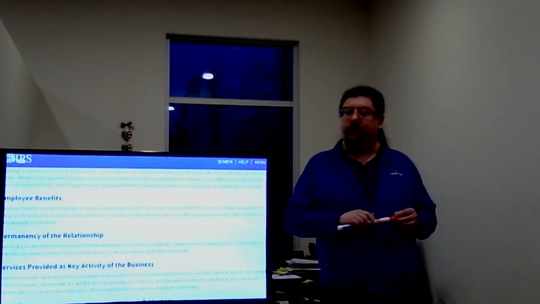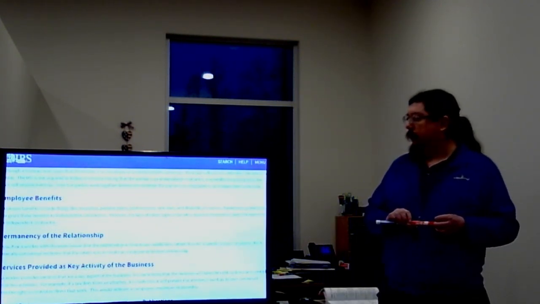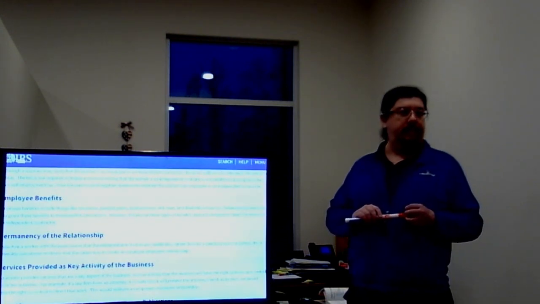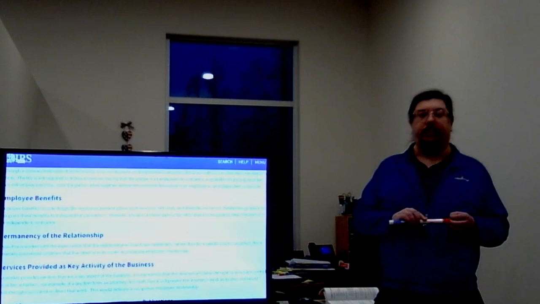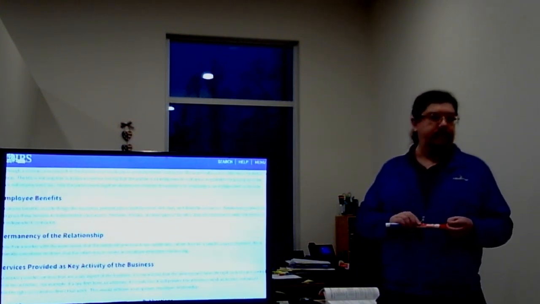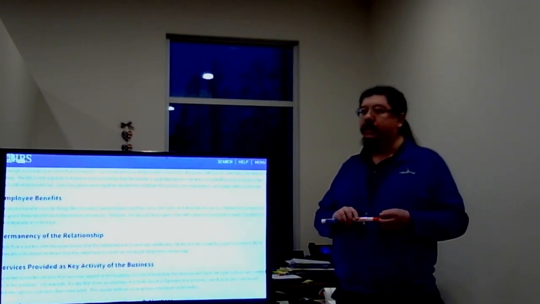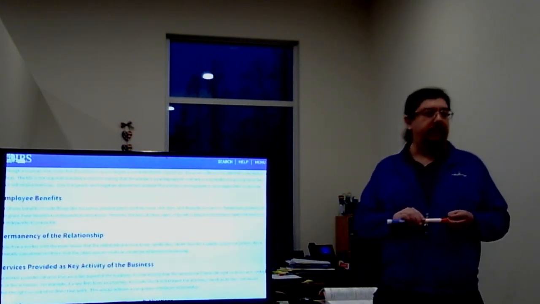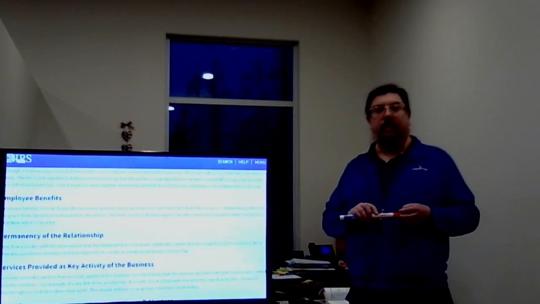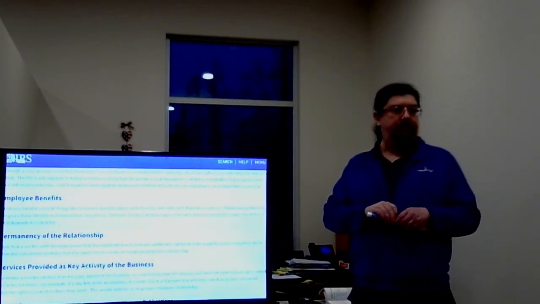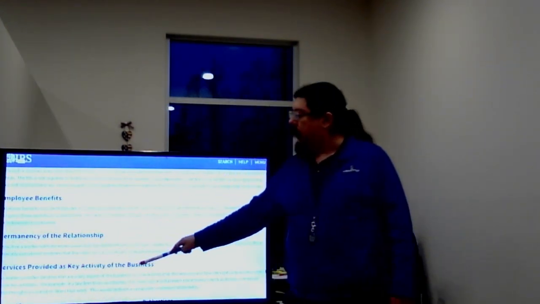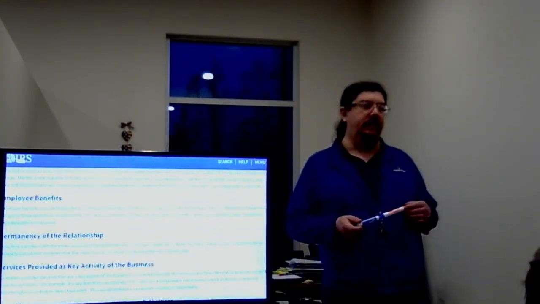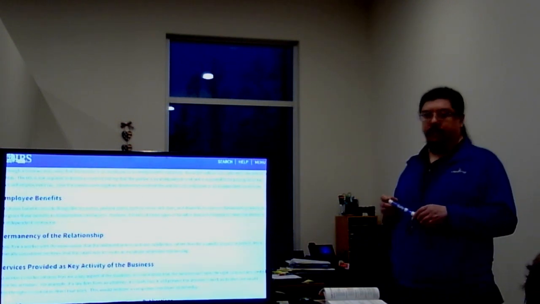On the other hand, if you were a tax preparation company and you hired people to do taxes, then those people are more likely to be employees than independent contractors. If you're a tax preparation company and you hire people to wash windows, those are more likely to be independent contractors. So if the services provided by the worker are a key activity of the business, it's more likely those workers are employees.